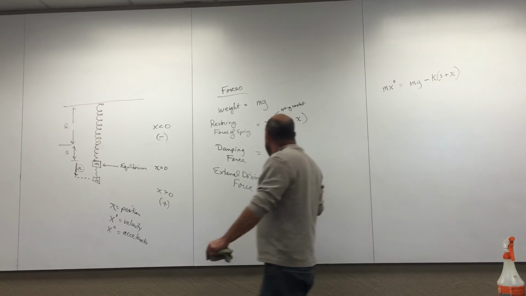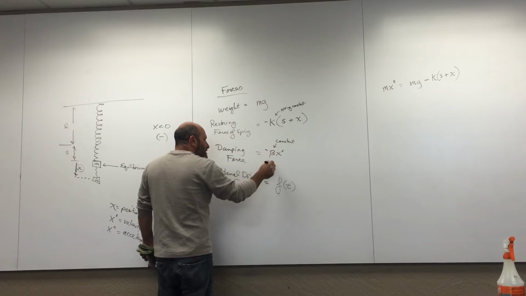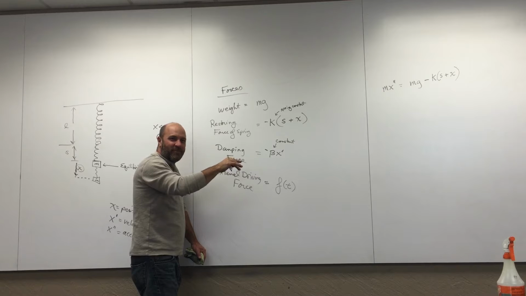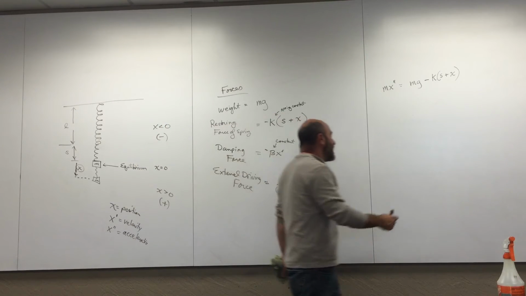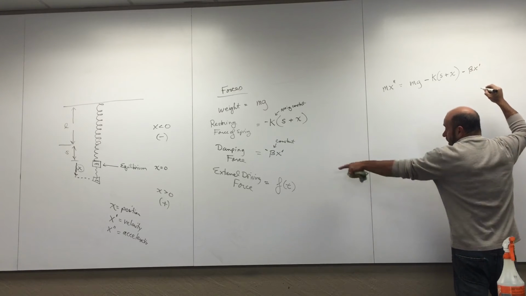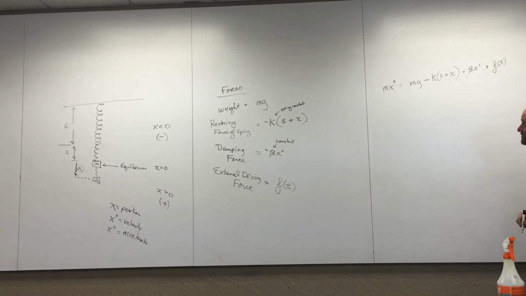I think this one's negative too, because the damping force is always opposite the direction of motion. So it's got a negative beta x prime, and then a forcing function. Man, this is beautiful, you guys.